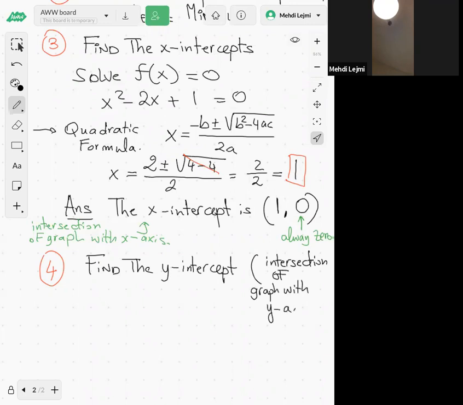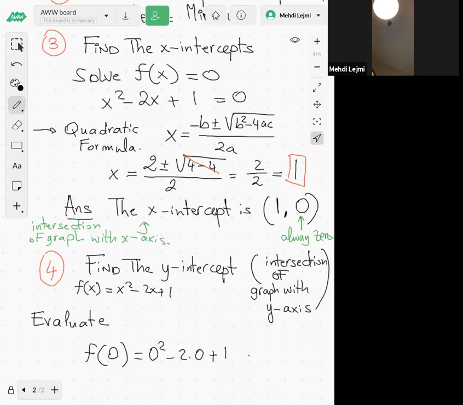Okay. So the only thing you have to do here, y-intercept is very easy actually. Just evaluate f of 0. What's f of 0? So my f of x, of course, guys, was x squared minus 2x plus 1. So if x is 0, we're going to have 0 squared minus 2 times 0 plus 1. So the answer is positive 1.